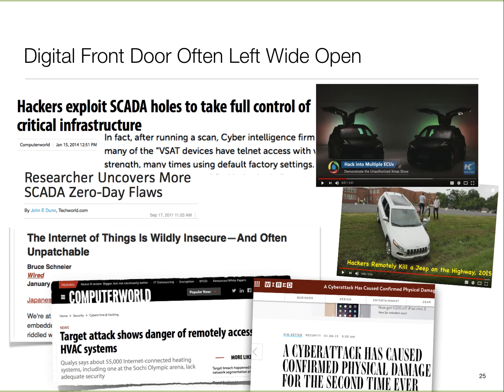Oftentimes the issue is that the standard digital front door, so to say, is left wide open. These systems, particularly industrial systems and building automation systems, are often controlled by embedded devices which are then controlled using what is called SCADA software. And oftentimes this software and these systems have bugs, just like our regular computers do, and they become a target of attack.